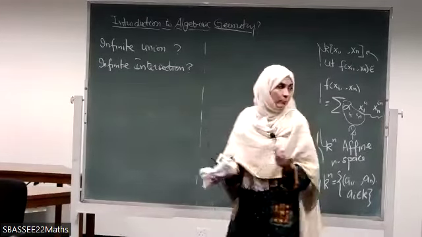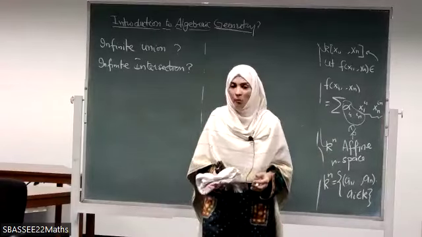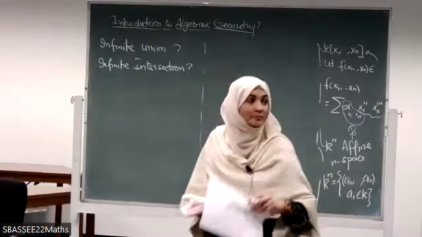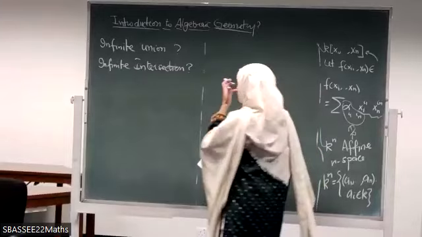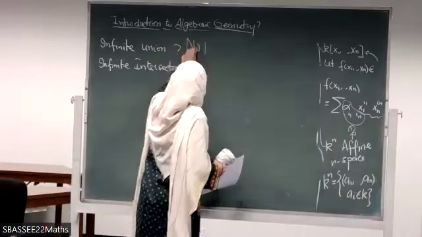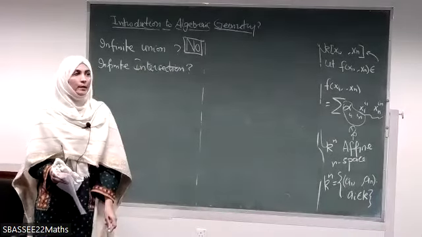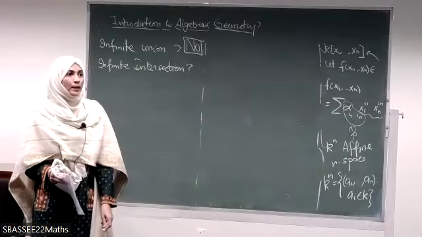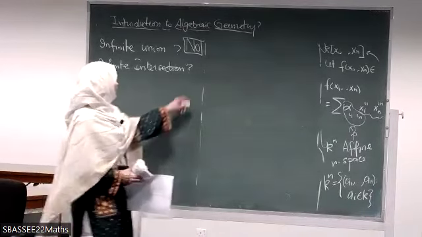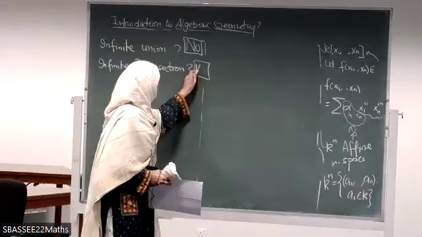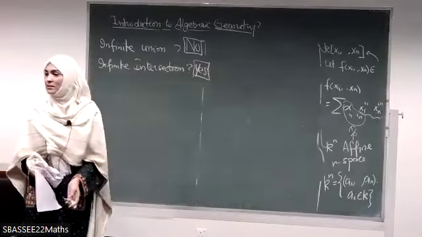So what do you think? Which answer is very easy to say? So the infinite union, this is a big no. It's not always an affine variety, and we will give you an example in a moment. And for the intersection, this is yes. And let's see why this is true.